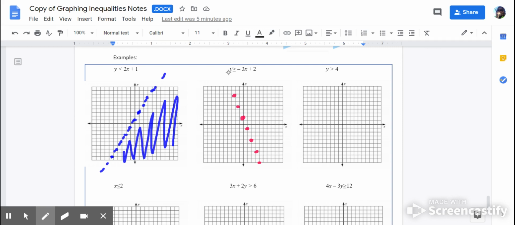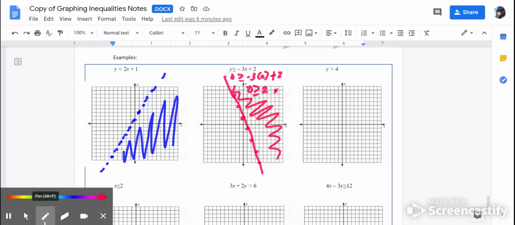And then I notice I have a greater than or equal to, so because it's equal to, I have a solid line. Greater than means on top of the line. If you're having trouble determining what's the top or the bottom, again, you can plug in to test your method. Is it true that 0 is greater than or equal to 2? No, that is not true, so I need to shade on the other side of the line.